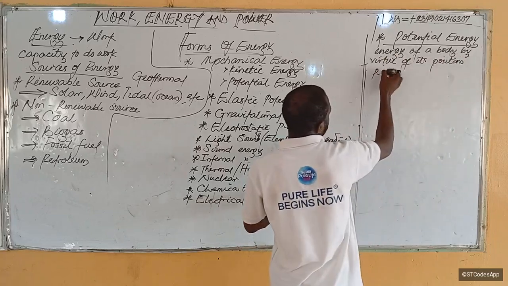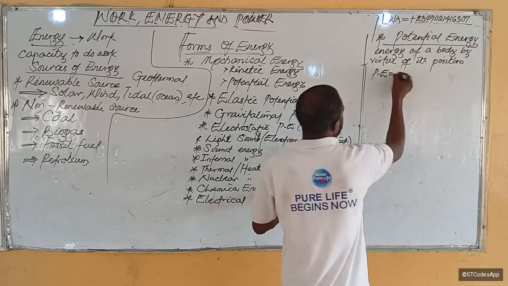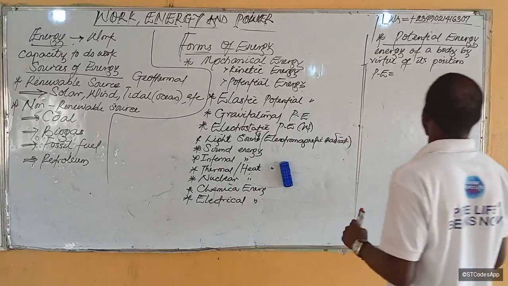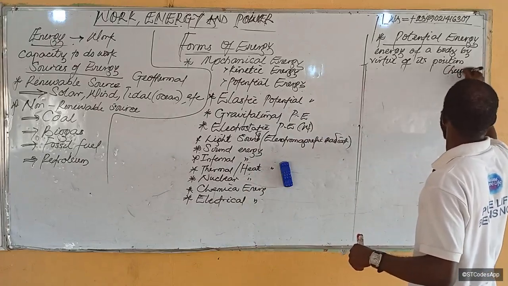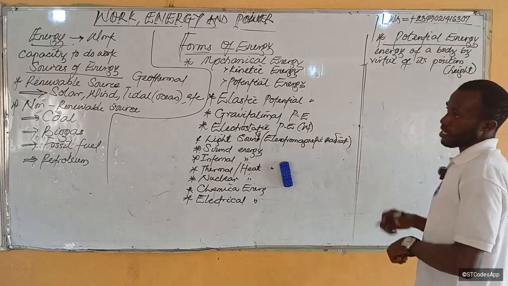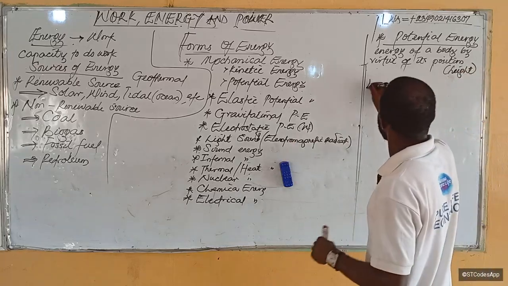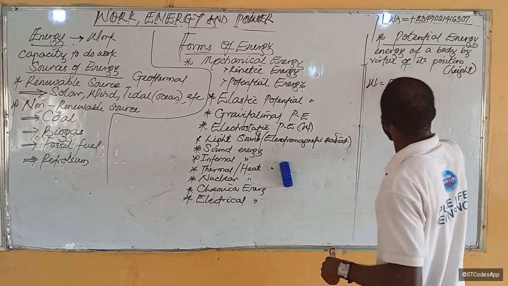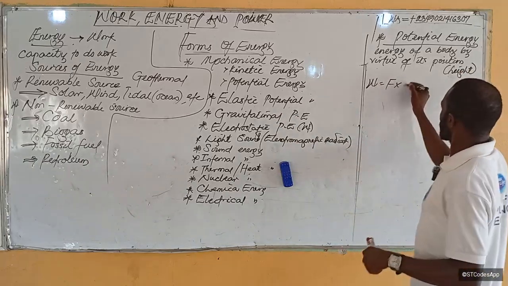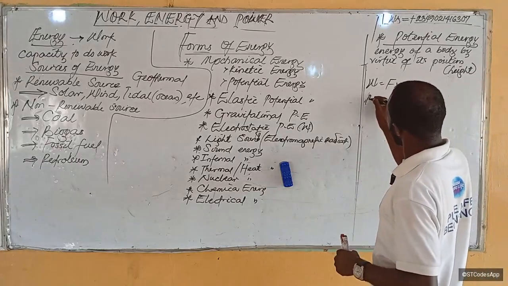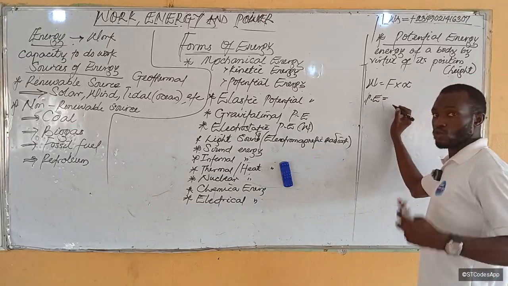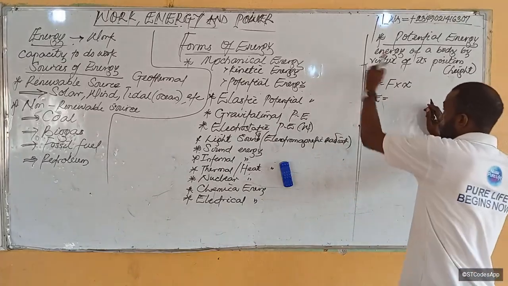So potential energy is given by the formula. In this case we are dealing with its position above the ground, so we call that a height, right? If that's the case, remember that work done is force times distance. In this case, work done will be potential energy. Energy is converted to useful work.